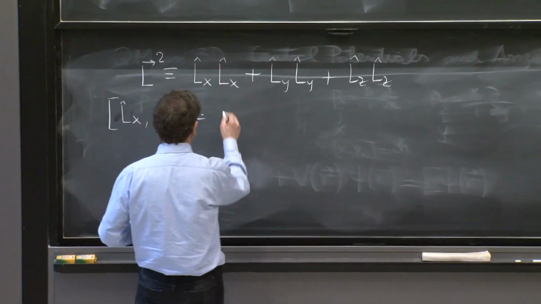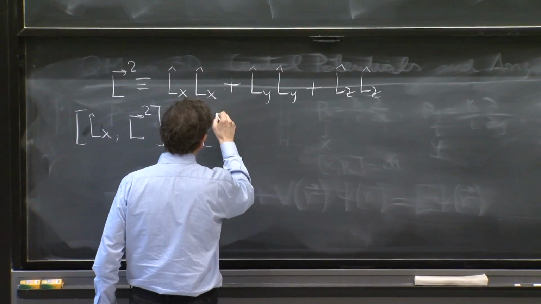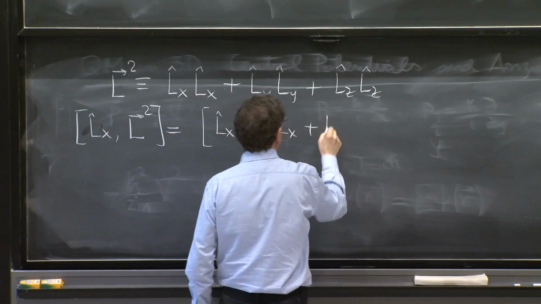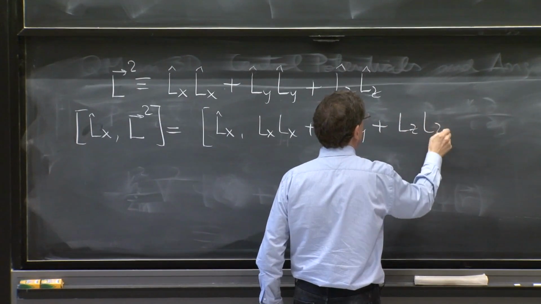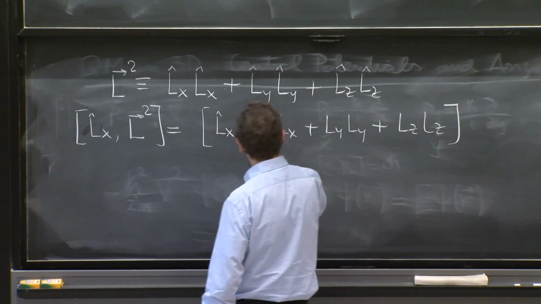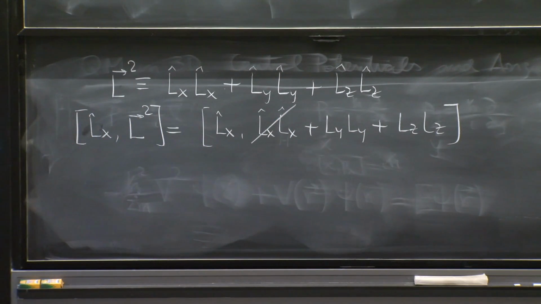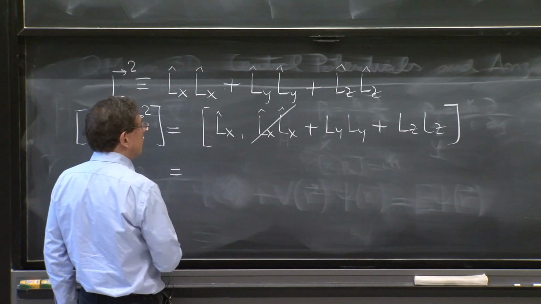So let's see here. This is Lx. Now, I'll write the whole thing. Lx, Lx plus Ly Ly plus Lz Lz. Now, Lx and Lx commute, so I don't have to bother with this thing. That's 0. But the other ones don't commute. So let's do the distributive law.